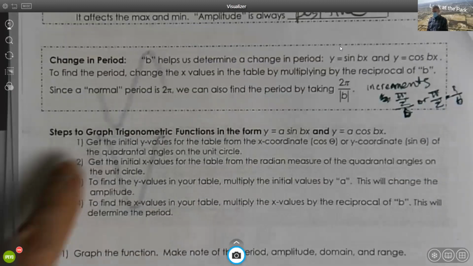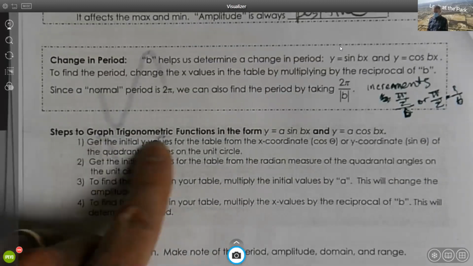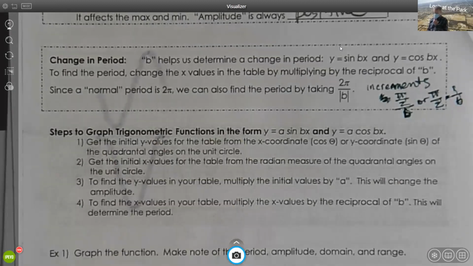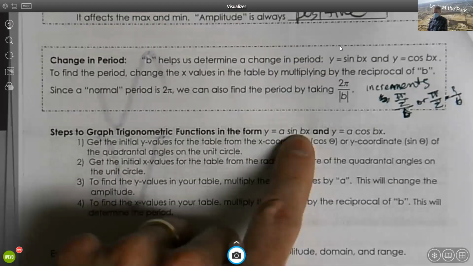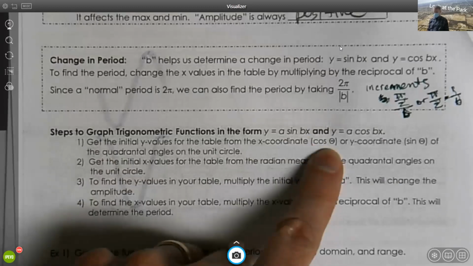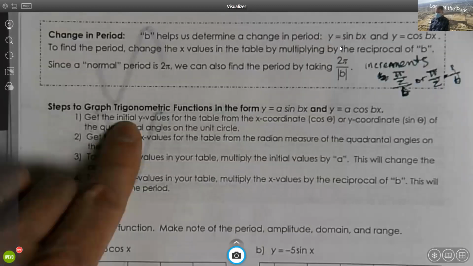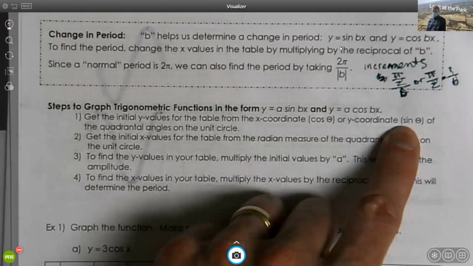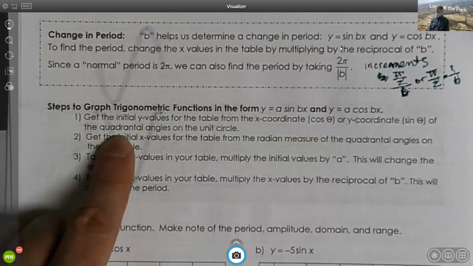So the steps for graphing our trigonometric functions in the form of y equals a sine of bx: for us to graph those, we're going to get the initial y values from our table for our sine graphs and put those into our table.